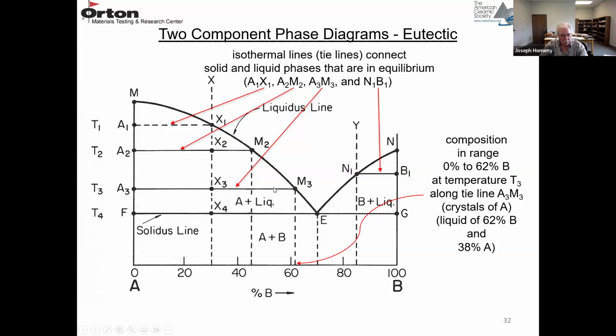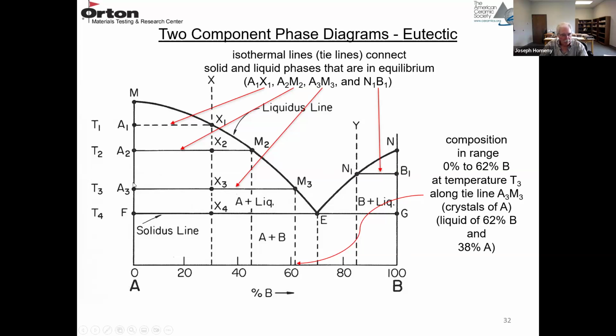That tie line indicates that at that particular temperature, you have crystals of composition A. So these crystals are 100% A. And then the liquid phase present is this composition here, which is about 62% B and 38% A. So this tie line represents compositions in the range from 0 to about 62% B at this temperature T3.